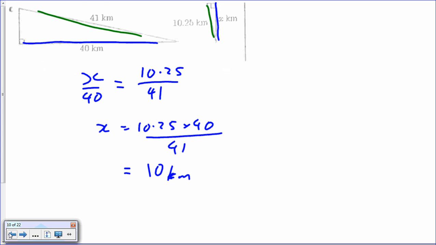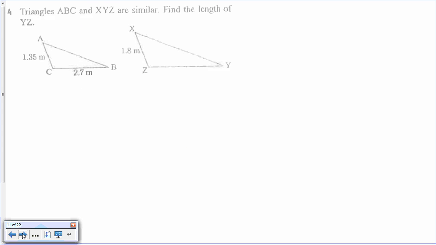Part C. Oh no, I'm reading my answers wrong. Triangles ABC and XYZ are similar. Find the lengths of YZ. So we're going through the same process as before. We find that AC is similar to XZ, and here CB is going to be similar to ZY.